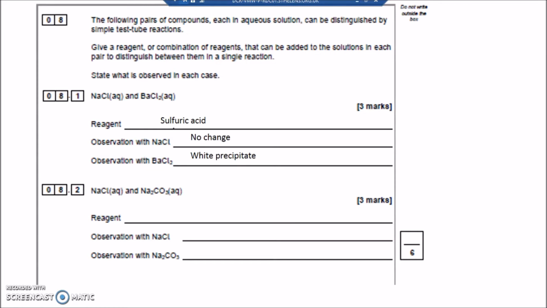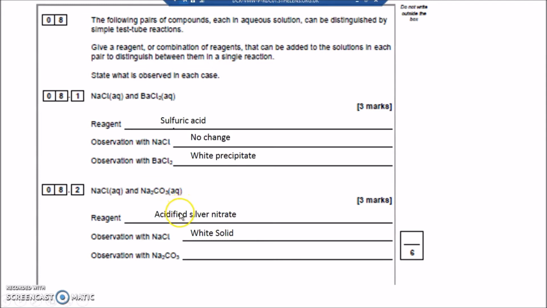Sodium chloride and sodium carbonate, well, you've got 2 choices here. If you added acidified silver nitrate, the silver nitrate will make silver chloride as a white precipitate. If you weren't sure, you could add dilute ammonia, which would dissolve the silver chloride.